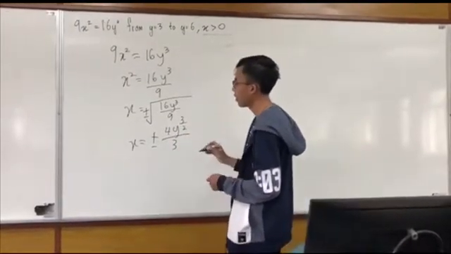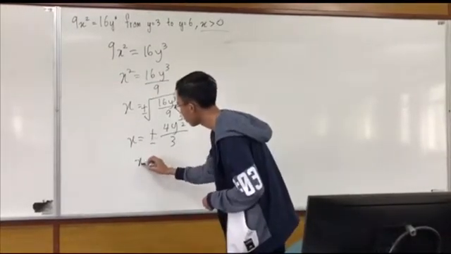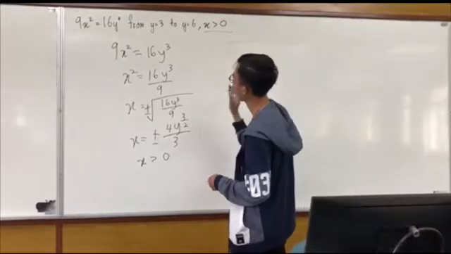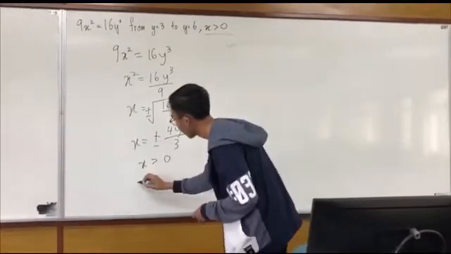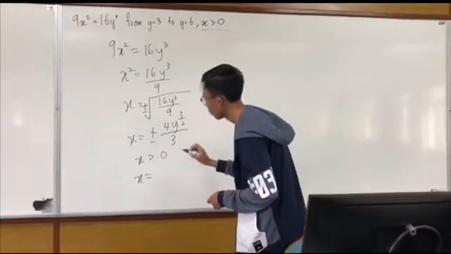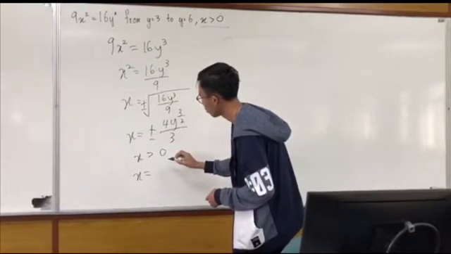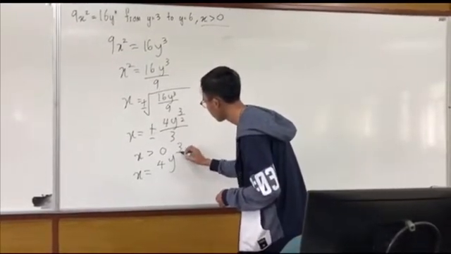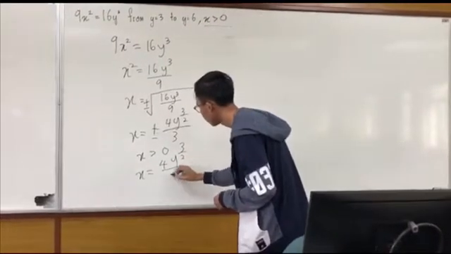Since x is greater than 0, we take x as the positive side, so x is equal to 4y to the power of 3 over 2, over 3.